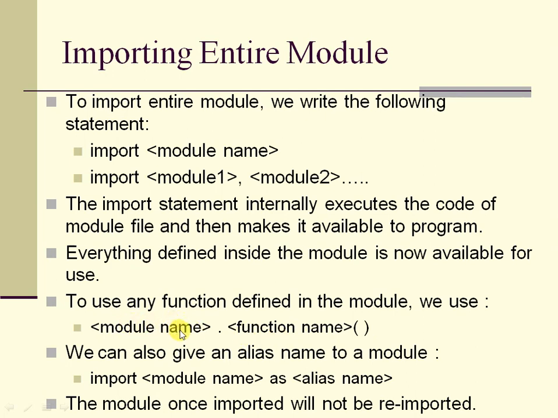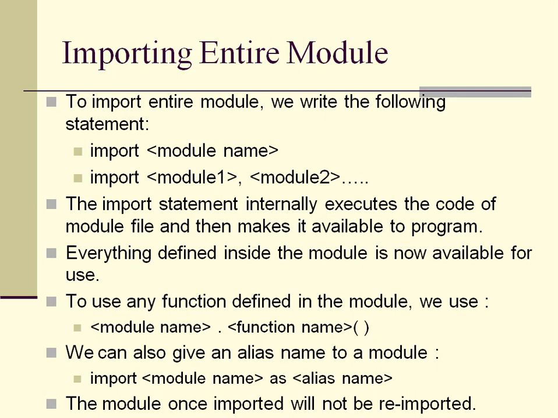For example, we have math, so math.sin is a function. Then you can use print math.pi. This is a constant. So whenever you have to use any object of that module, you will use the name of the module dot name of the object. Clear?